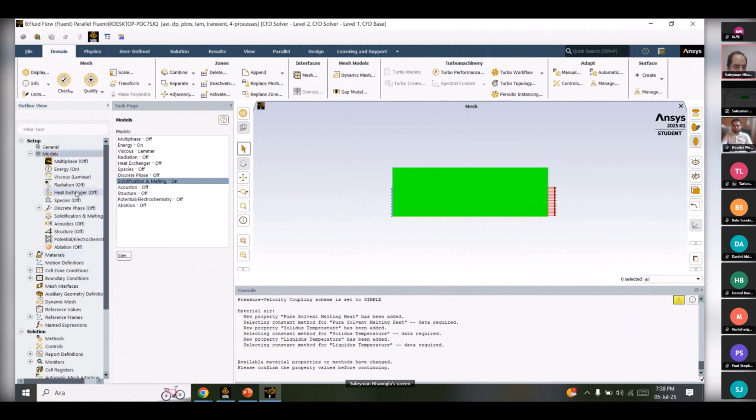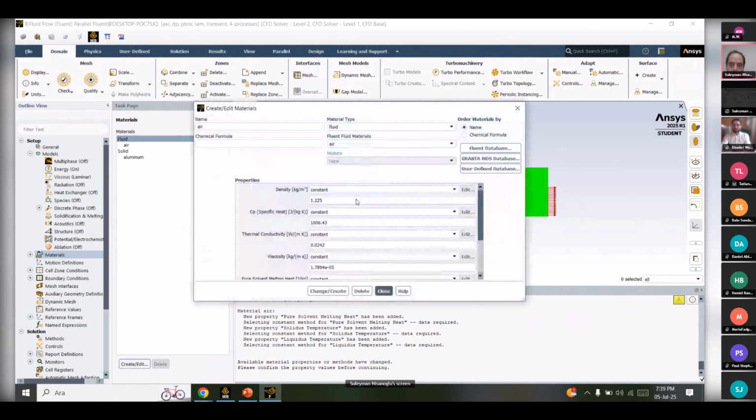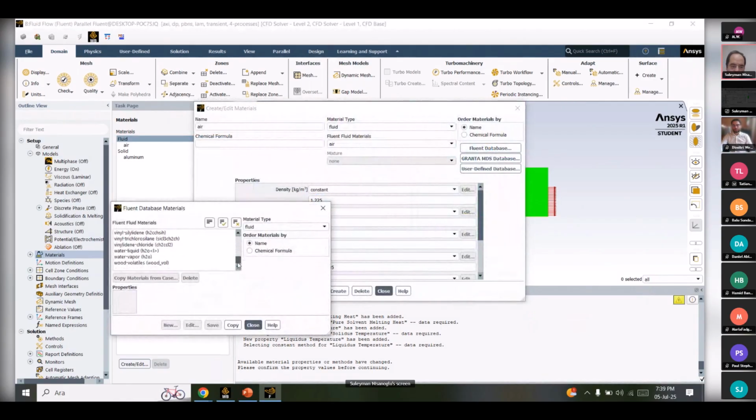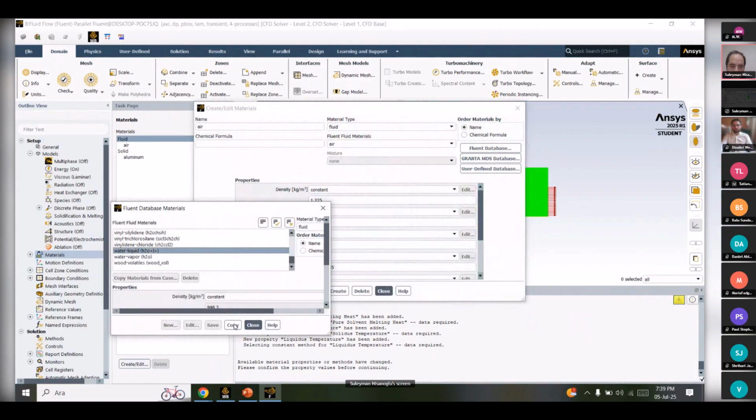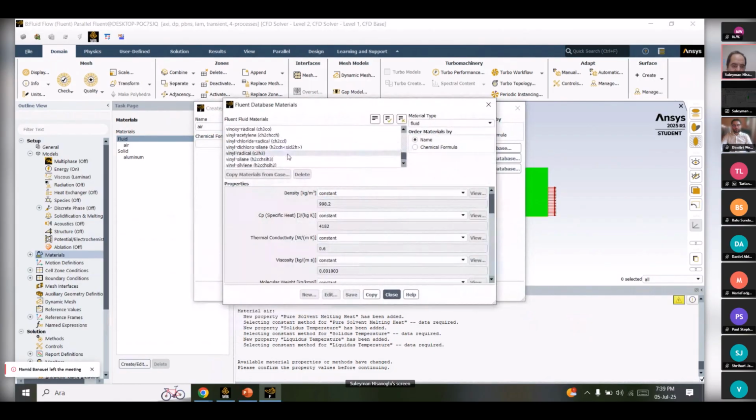Then material. We must add material here. Fluent database, water liquid, and I will change this silicone.